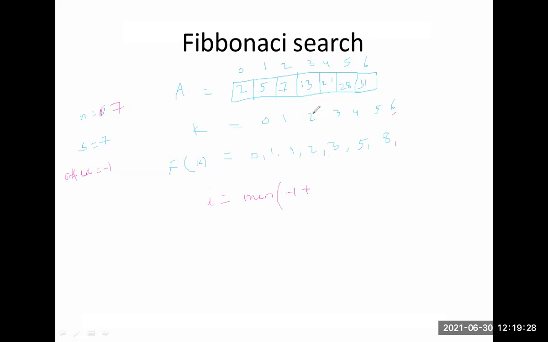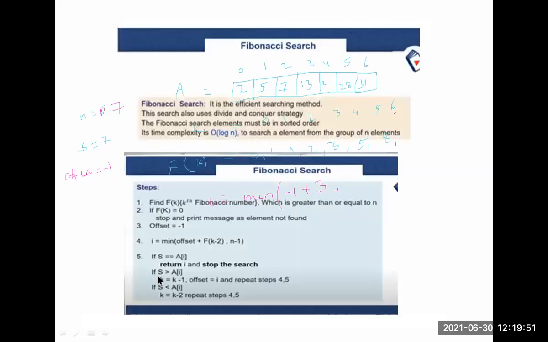Just divide the part into subparts. So what is the f of k value here? The f of k value is 3, because the mid value is here. So we find it. So the f of k value is 3, comma. So just see the formula here, you can understand.